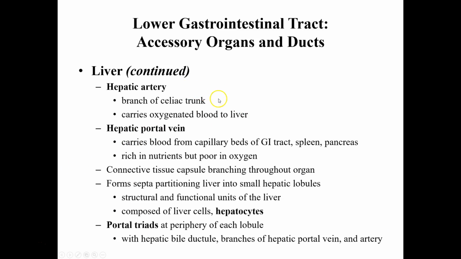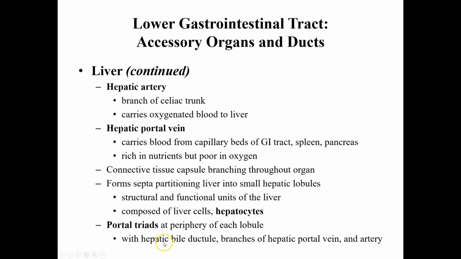A hepatic artery carries oxygen-rich blood to the liver. A hepatic portal vein brings nutrient-rich but oxygen-poor blood to the liver from the intestines. And then the hepatic vein takes the nutrient-poor, oxygen-poor blood away from the liver to the inferior vena cava. So when you look at a lobule, the cells of the liver are called hepatocytes, and they form functional units called lobules.